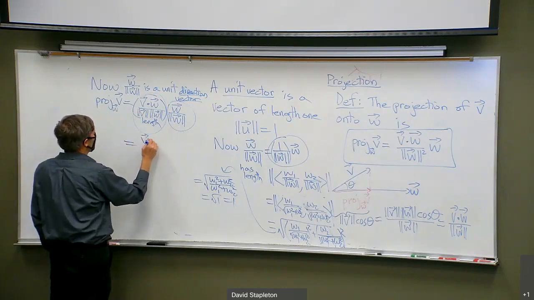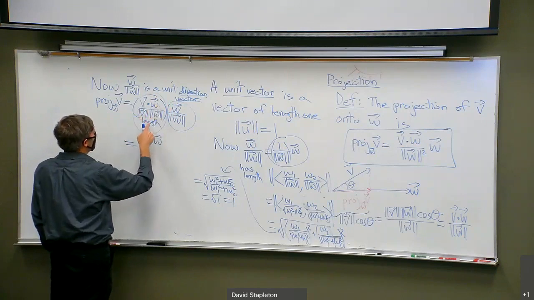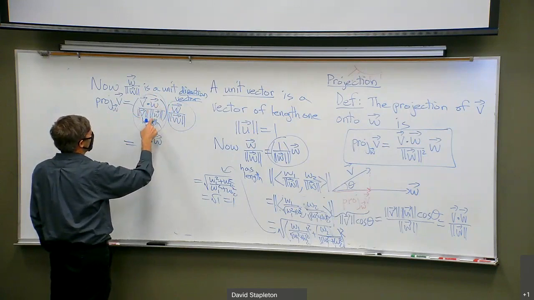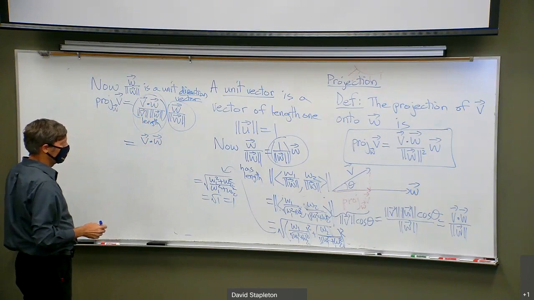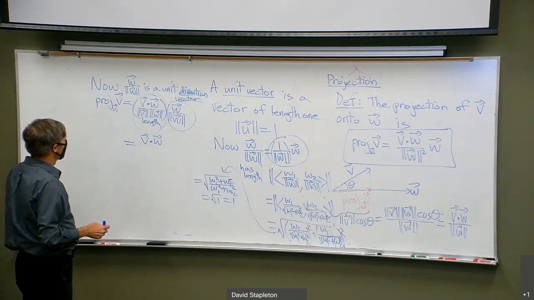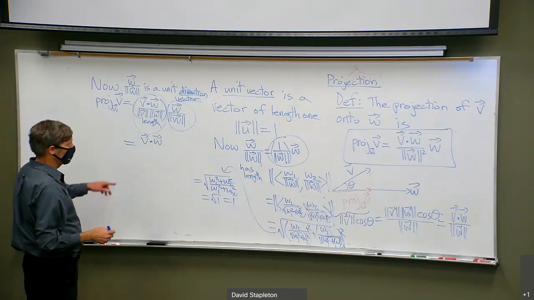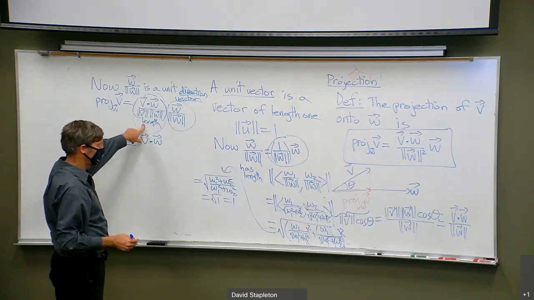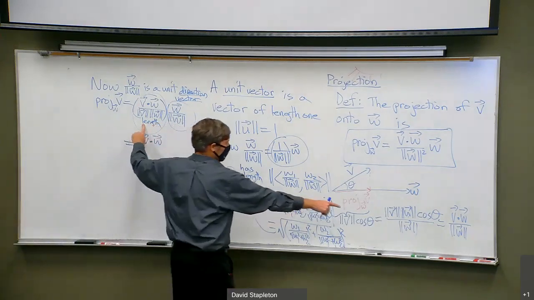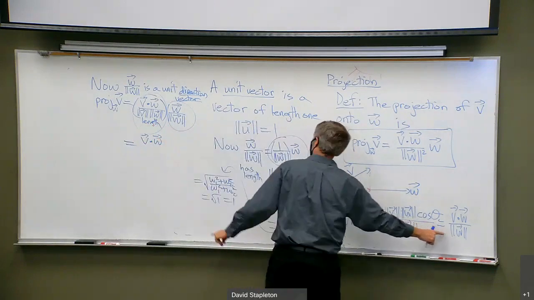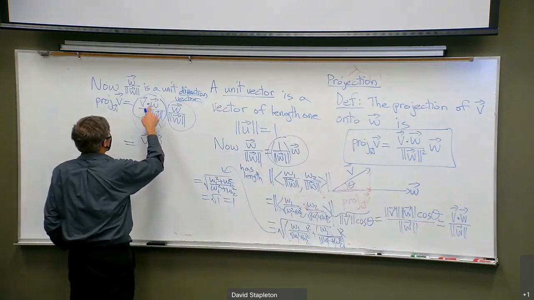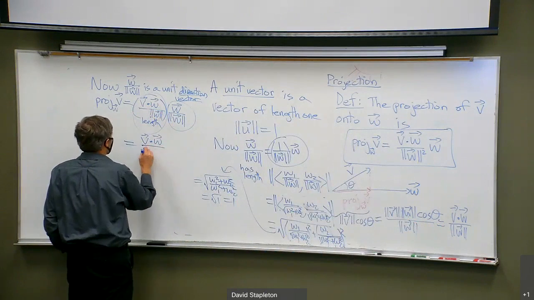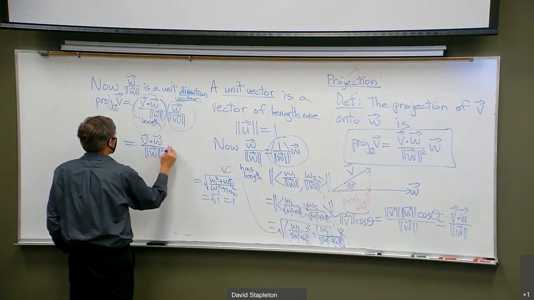That's just V dot W on top, over the length of W, times the unit vector W over its length. So this is V dot W over the length of W squared times W. Just rewritten it.